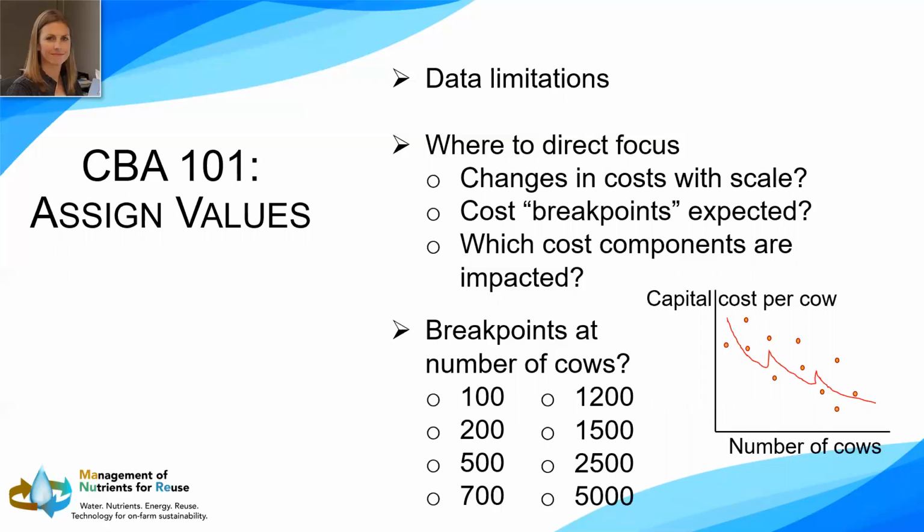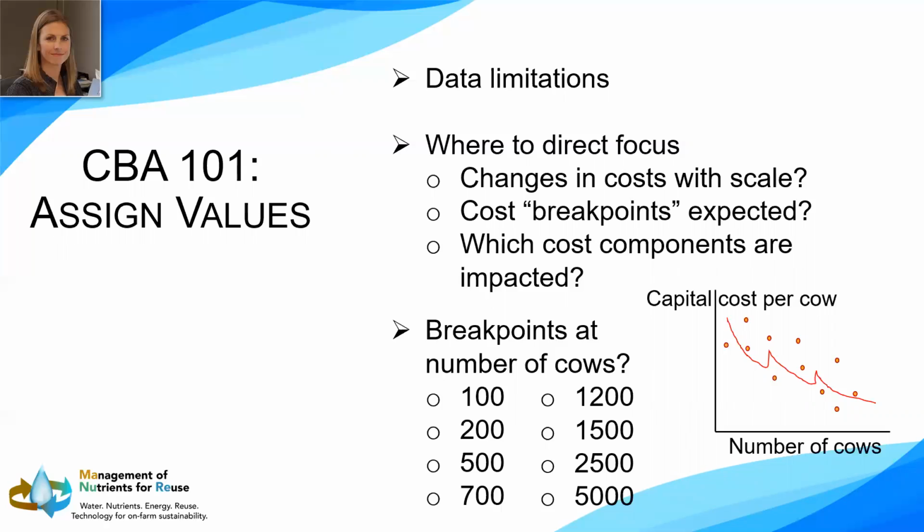I quickly found that data collection is challenging, and I cannot expect this level of data, especially when considering I'm doing this similar analysis across several other manure management technologies. So a question I'm trying to answer is, where should I direct my focus for data collection?